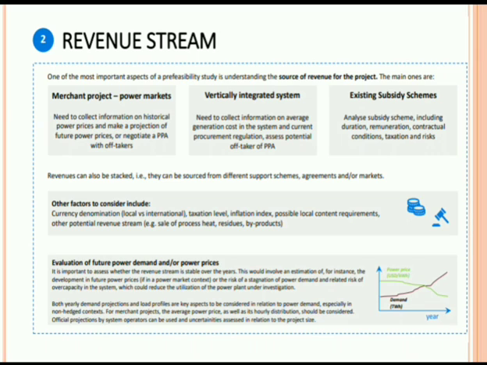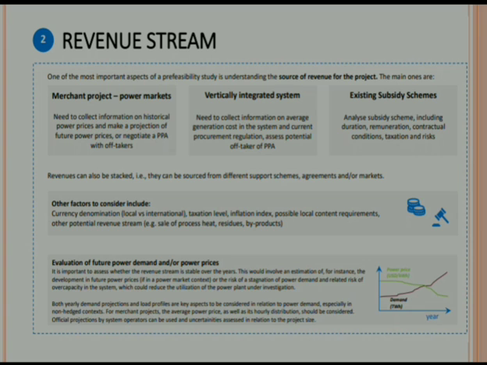In this particular case, we will collect the historical information about power prices, and we will make different projections of the future power prices. This means we will predict the future power prices from the historical power prices, and so on. The second one is the vertically integrated system. In the vertically integrated system we have to collect information on the average generation cost in the system and the current procurement regulation.